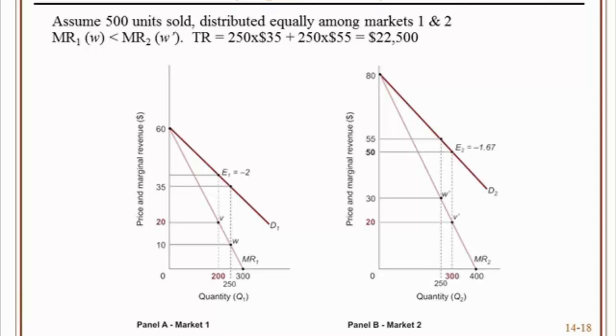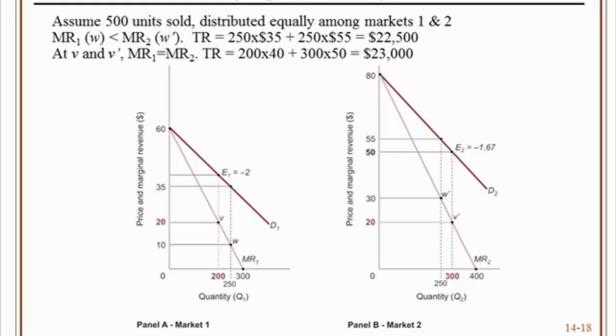You can see how much total revenue is coming in, $22,500. Well, if they decided to make their marginal revenues equal, I mean, you can see before that in market 1, the marginal revenue was $10 at 250 units, and in market 2, the marginal revenue for 250 units was $30. So let's say they kind of split the difference to try to make those equivalent.